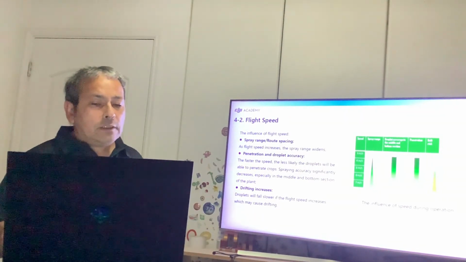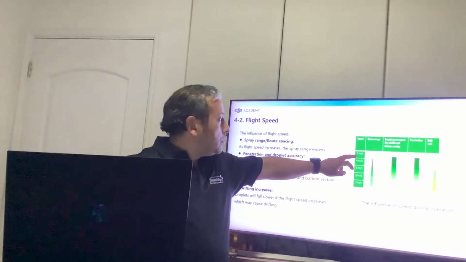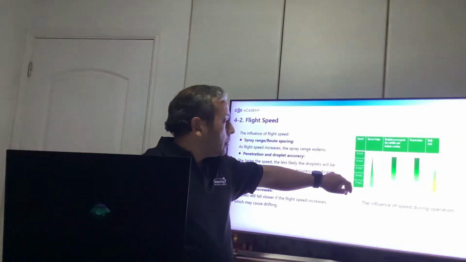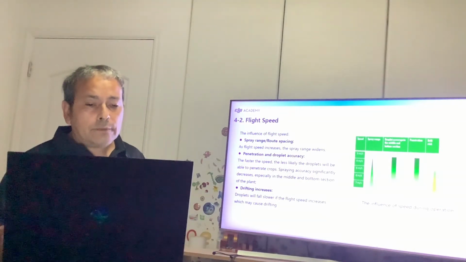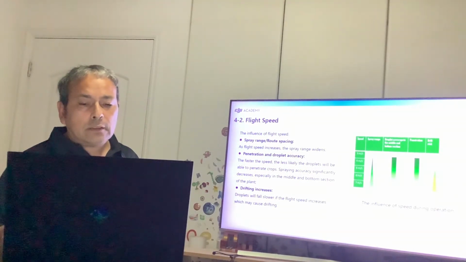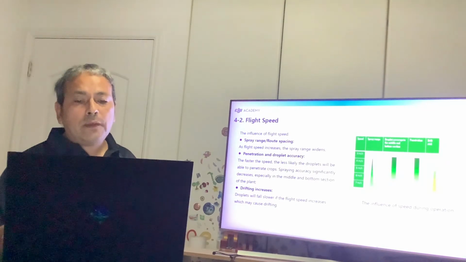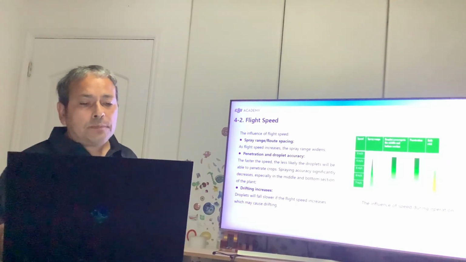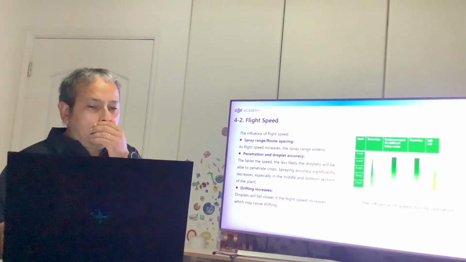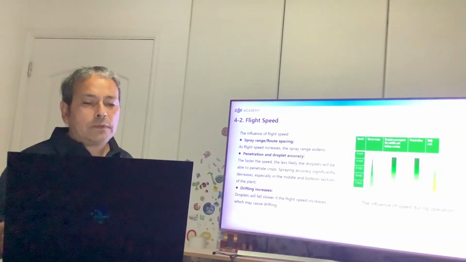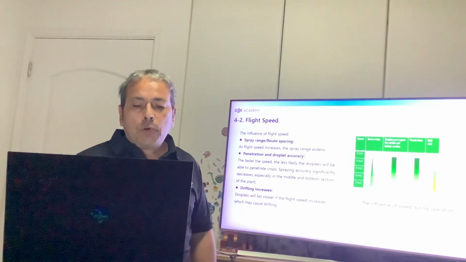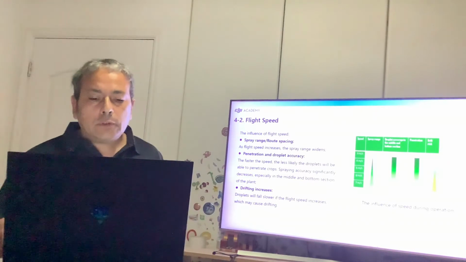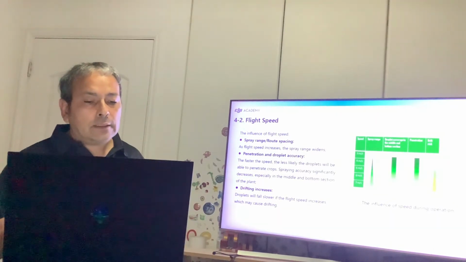For example, in this table you have the speed from 3 meters per second up to 7 meters per second, and if you improve the flight speed, the spray range will be large and the drift will be large. Also, the droplet coverage and penetration will be large. And to get the proper speed, we have to do a lot of testing.